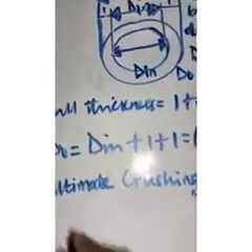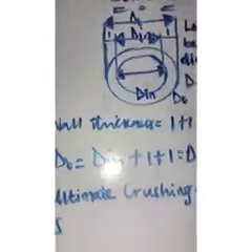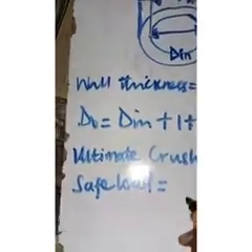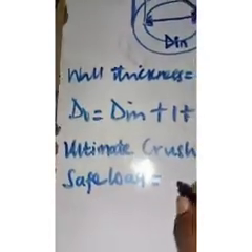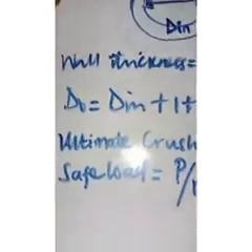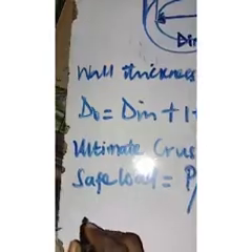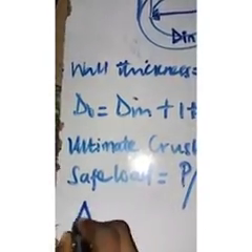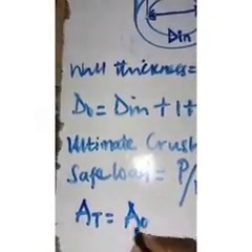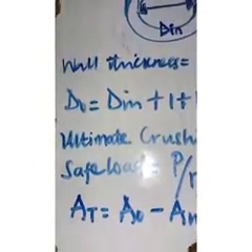And you can find out that the safe load is equal to the crushing load over safety factor. That is this load over safety factor. So by default, you can also say that the total area is equal to the outside area minus the inside area. That will give you the area difference. That is the total area.